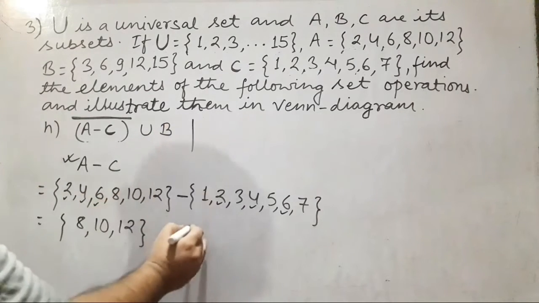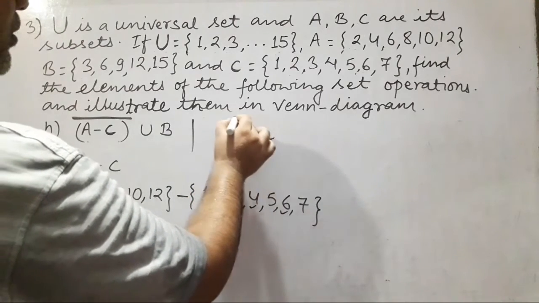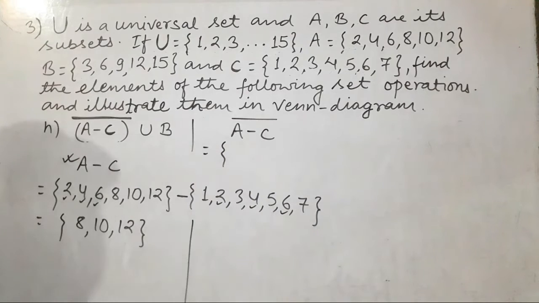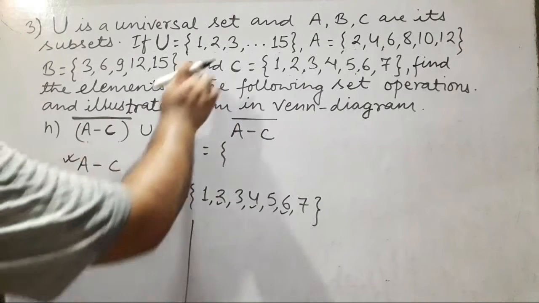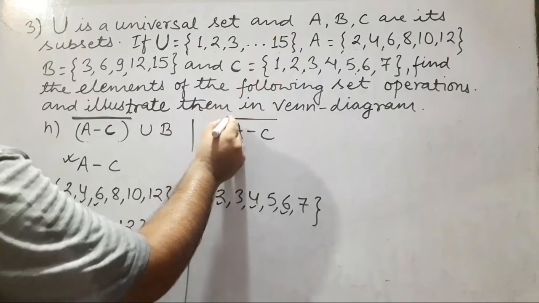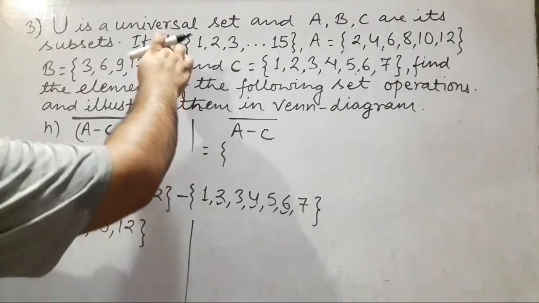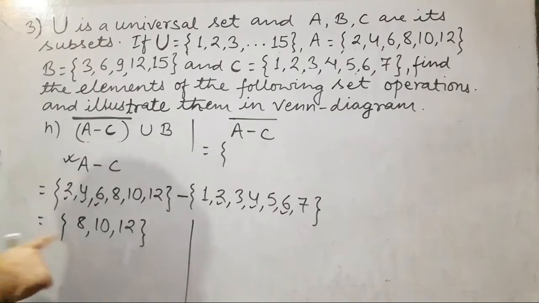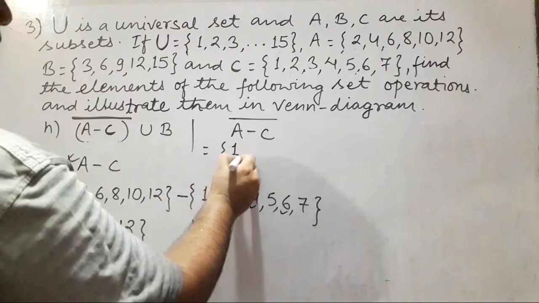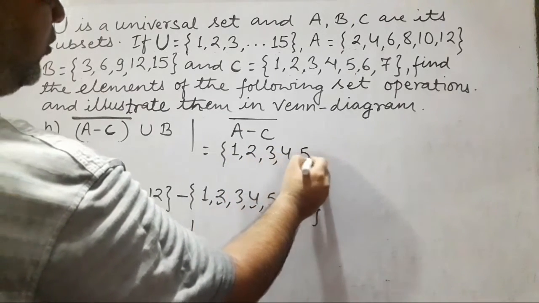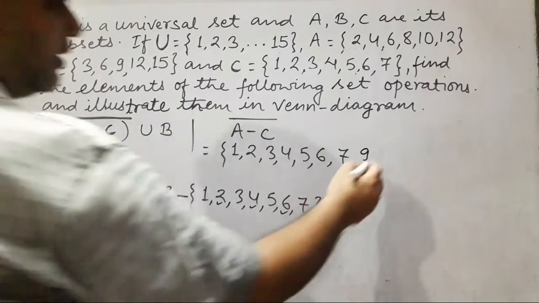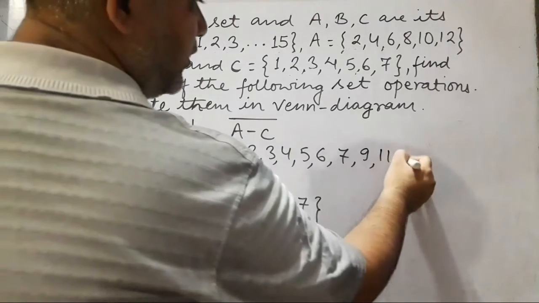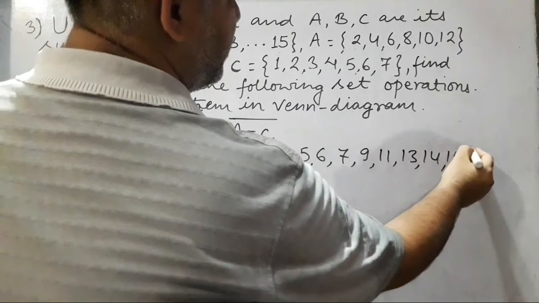Okay, A minus C complement. Since A minus C has the elements 8, 10, 12, we write down all elements except these. We always choose from the universal set when there is a complement. So 1, 2, 3, 4, 5, 6, 7, we will not take 8, we take 9, we will not take 10, we take 11, we will not take 12, and we take 13, 14 and 15.